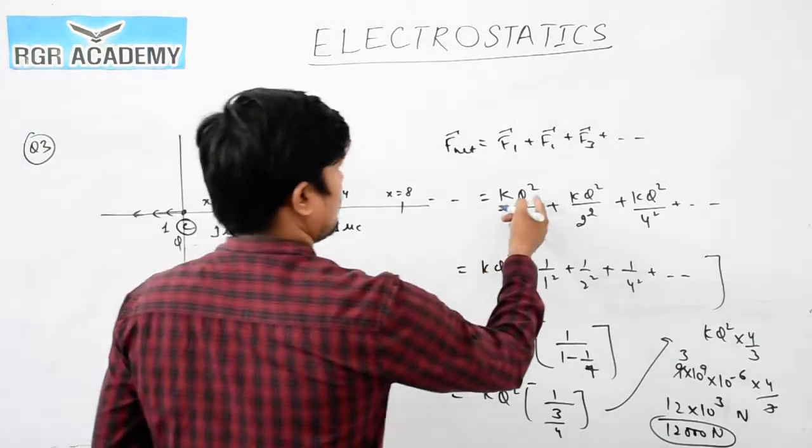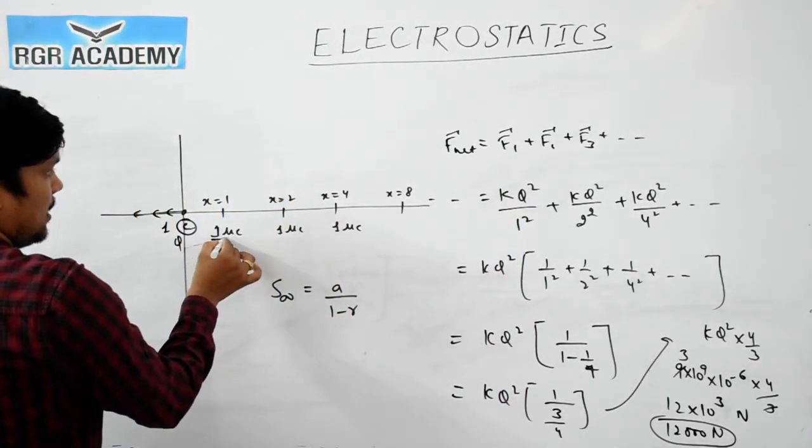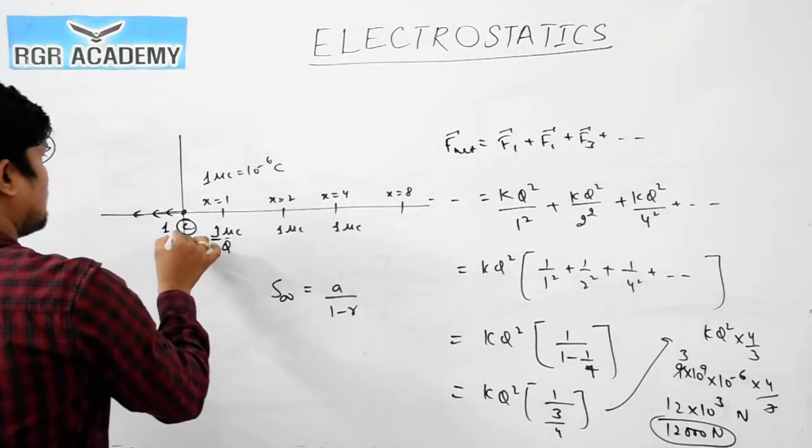Clear? So the magnitude is the same, but here 1 microcoulomb means 10 to the power minus 6 coulomb, and this one is 1 coulomb itself.